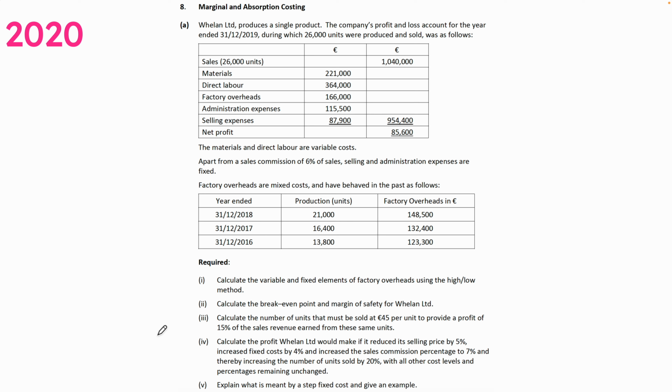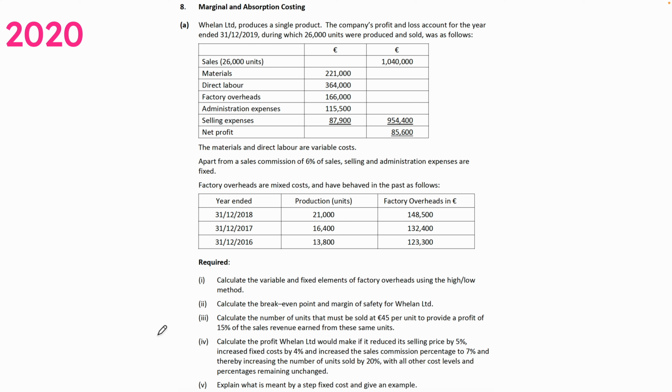So the materials and direct labour are variable costs. Apart from a sales commission of 6% of sales, selling and administration expenses are fixed. Factory overheads are mixed costs and have behaved in the past as follows.